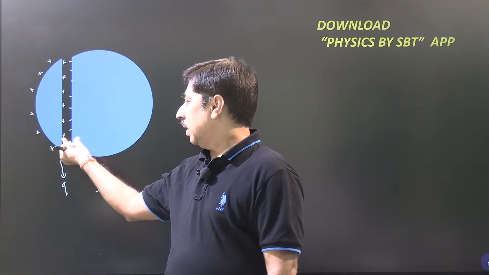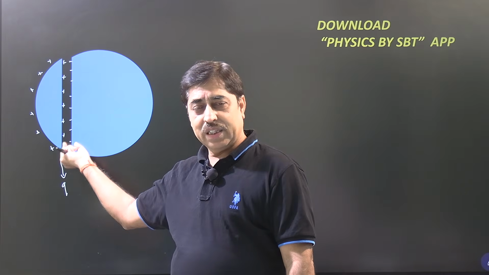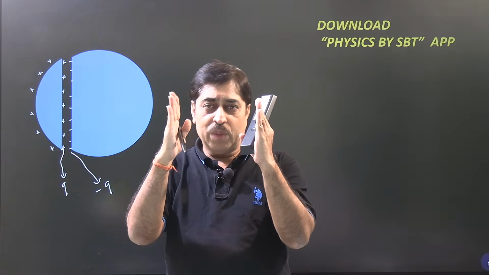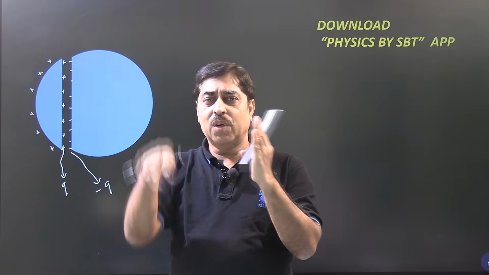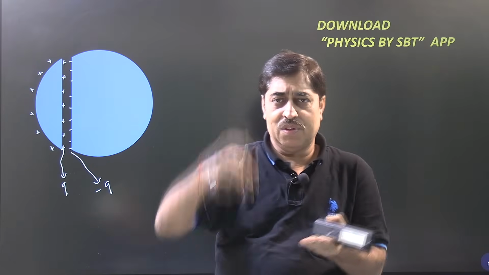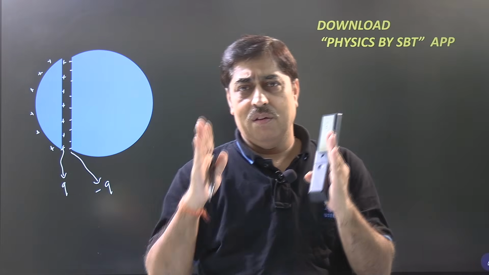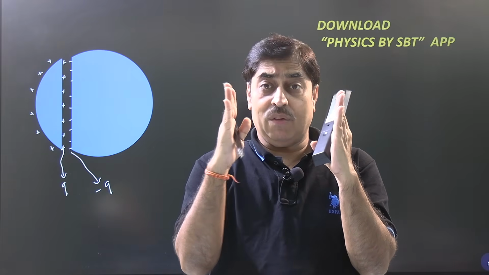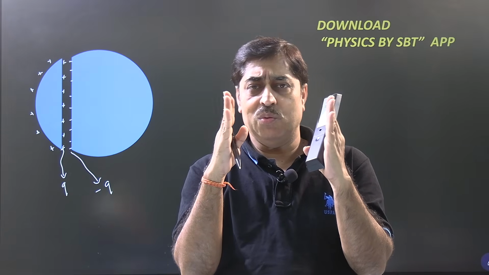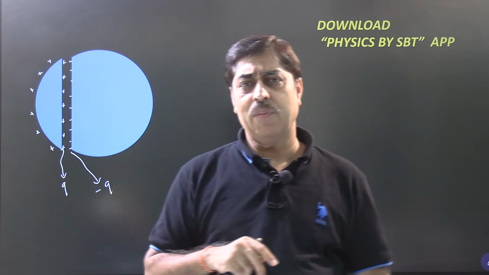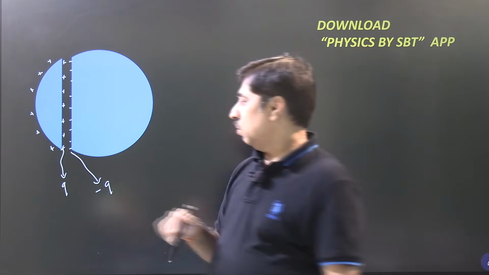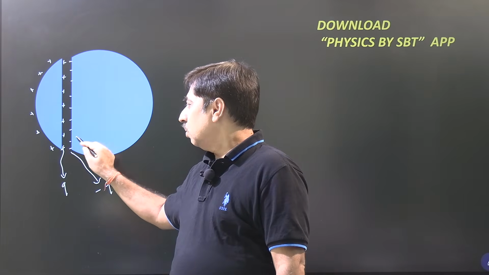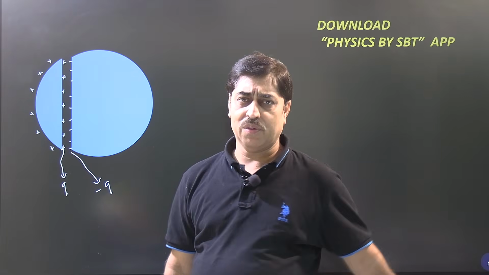In fact, this gap with two metal walls is nothing but a capacitor with some dielectric field in between. One plate of the capacitor has charge plus q, small q, and the other has minus q.